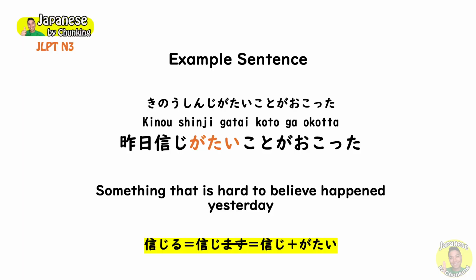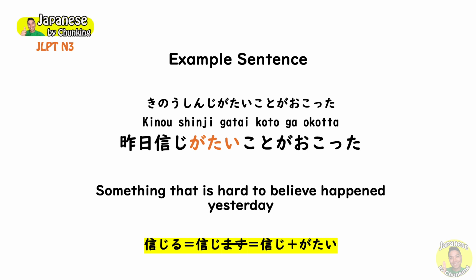例文を見てみましょう。昨日、信じがたいことが起こった。Something that is hard to believe happened yesterday. 昨日 is yesterday. 信じがたい. So this is 信じる to believe.